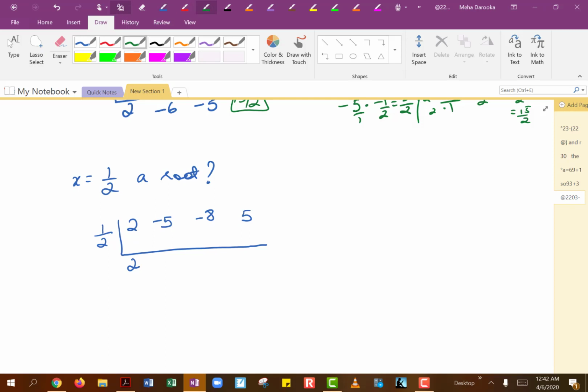Then we are multiplying 2 times 1/2. So the 2's cancel out, giving us 1. So that's a positive 1. Negative 5, positive 1 is negative 4. So let's multiply negative 4 with 1/2. So 2 goes into itself once, goes into 4 twice. So that's negative 2, positive 1, which is negative 2.